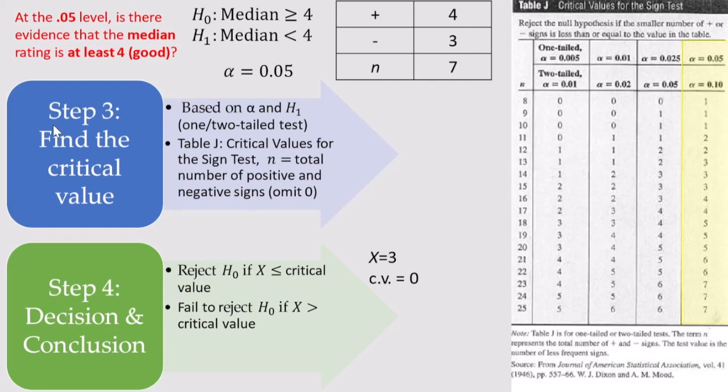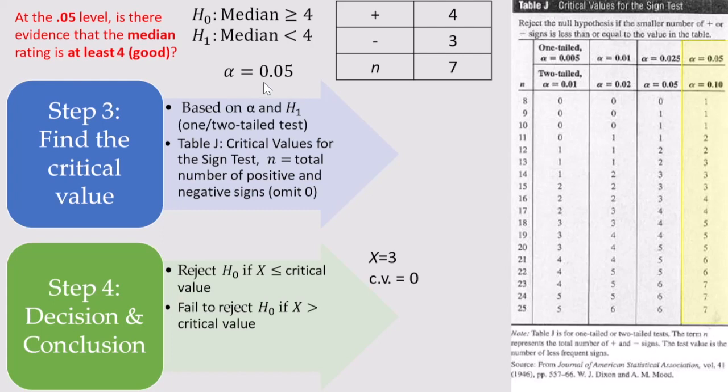And now moving on to step number 3, we would look for the critical value from table J, and we are using table J because the sample size 9 is less than 26. The critical value will be determined based on alpha and the alternative hypothesis.